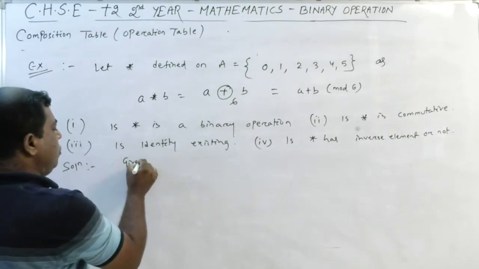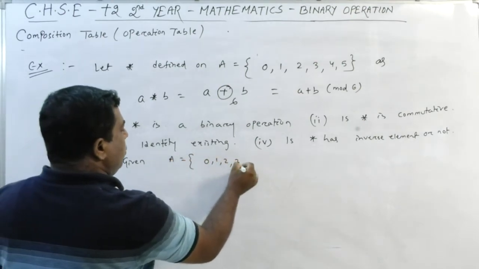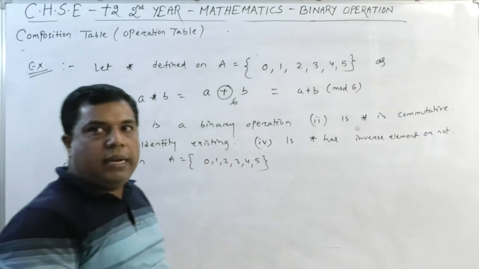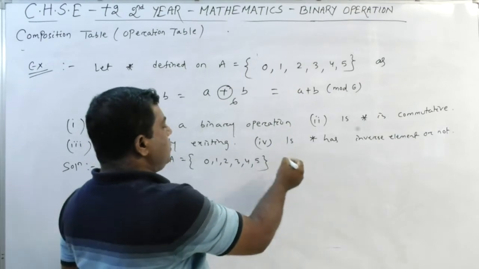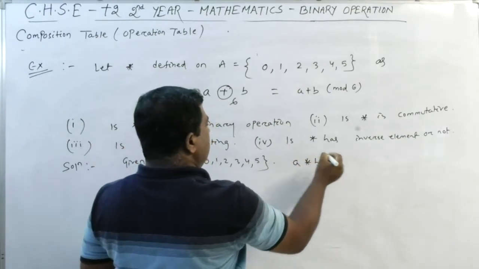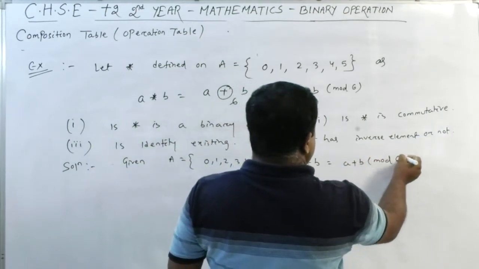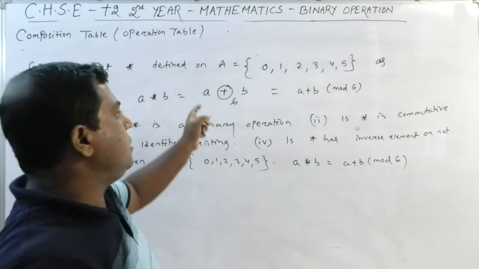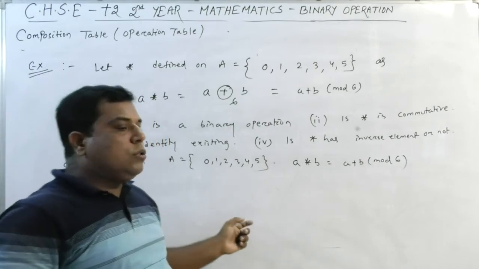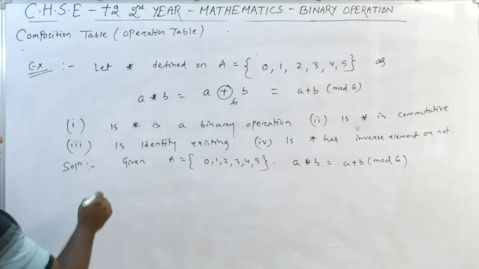Given A equal to 0, 1, 2, 3, 4, 5. And A operation B equals A plus B modulo 6. That is written; this symbol is equal to A plus B modulo 6. Now we have to draw the composition table to verify all the things.